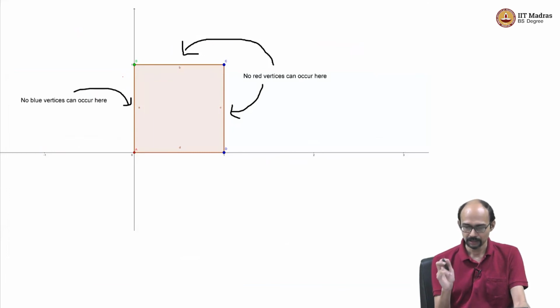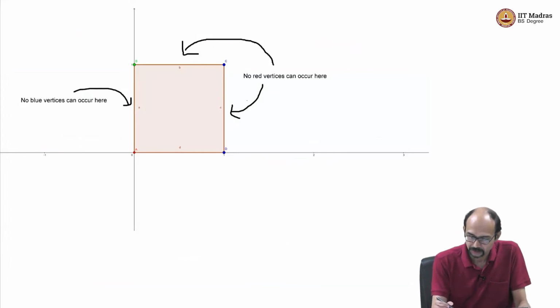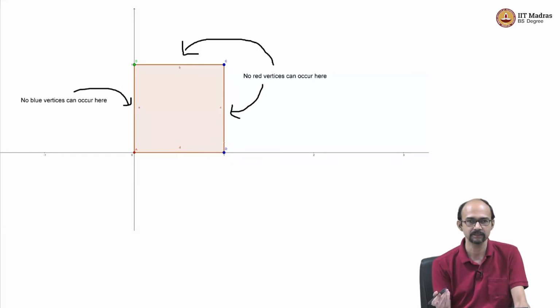Okay, so now here's the important point. On this edge, the edge connecting the vertices C and D, suppose a vertex lands on that segment, then the x coordinate must be, what is the x coordinate there? 1, right?